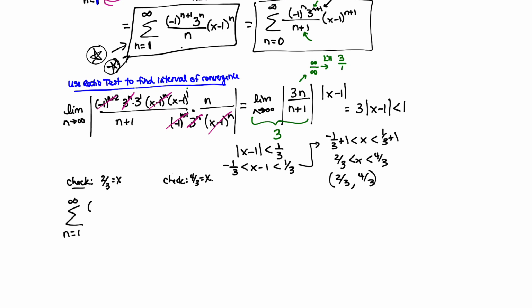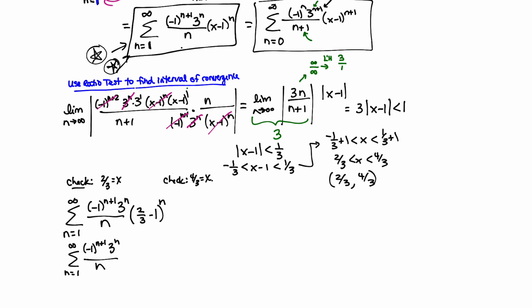So that gives us negative 1 to the n plus 1 times 3 to the n over n times x minus 1 becomes 2/3 minus 1 to the nth power. Now what is that really? That is really negative 1 to the n plus 1 alternating 3 to the n over n.